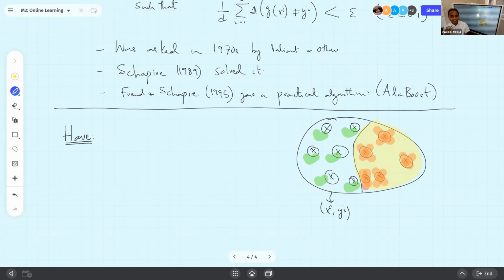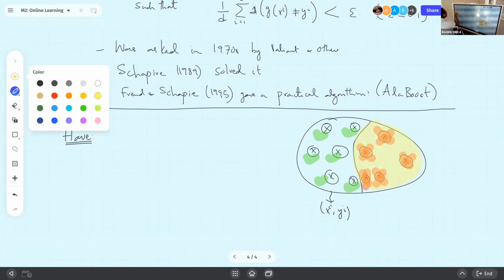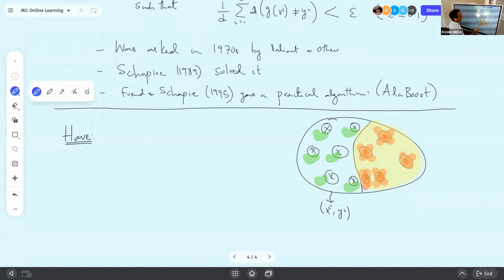And it will give me some other hypothesis H2. This is H1, and now I have H2, and maybe it is right here and wrong there.